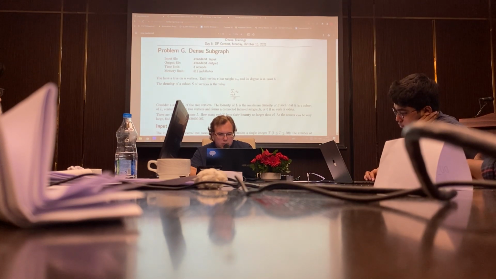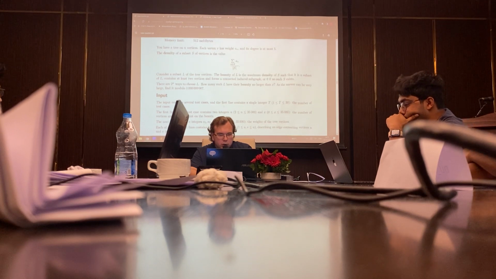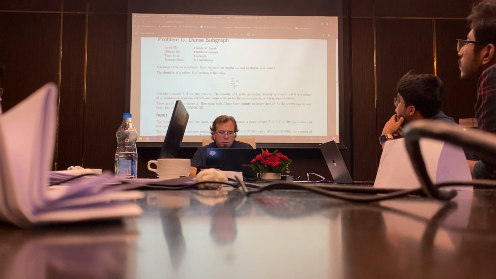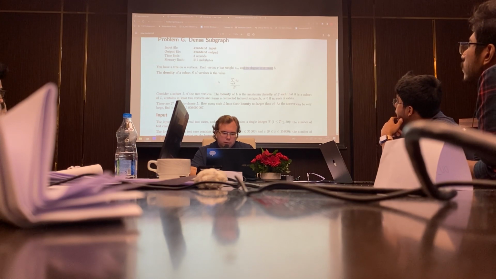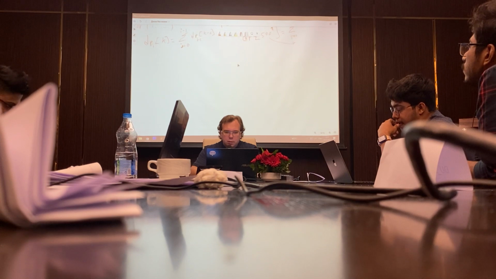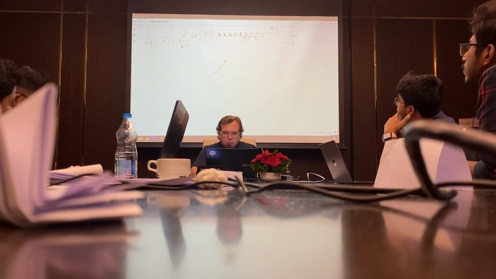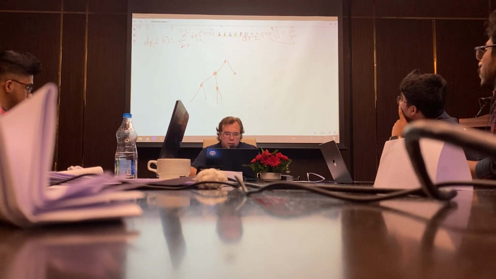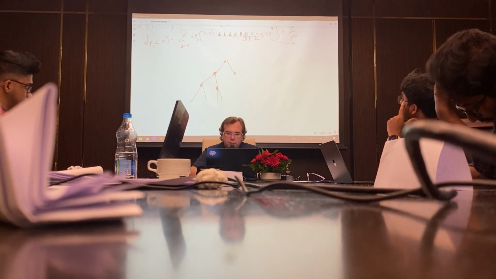Okay, so the last problem for the first part of analyzing is problem G. It's about a graph. Actually, it's about a tree. You have some tree, and it was guaranteed that each vertex has degree at most 5.